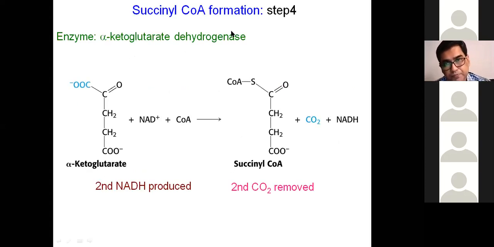Now, step 4. Again, the oxidation, because NAD is involved. Second NADH is produced and second carbon dioxide is removed. Again, oxidative decarboxylation, but this time enzyme is alpha ketoglutarate dehydrogenase.